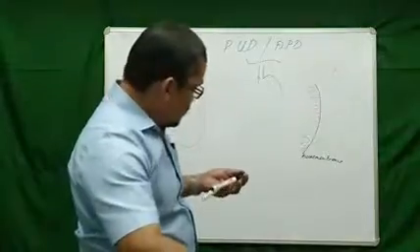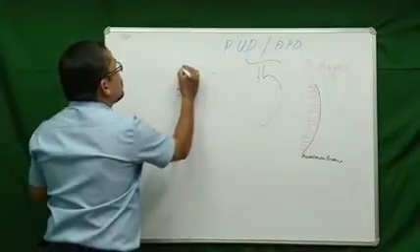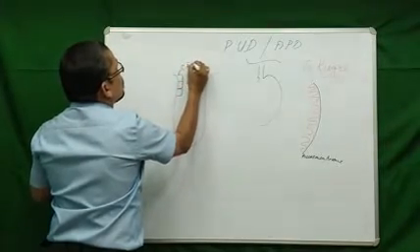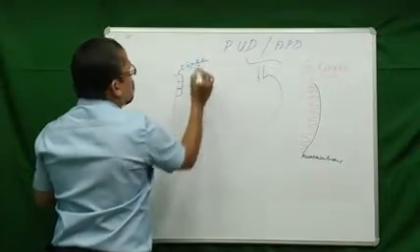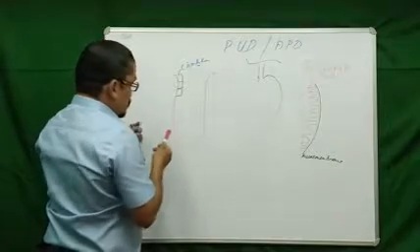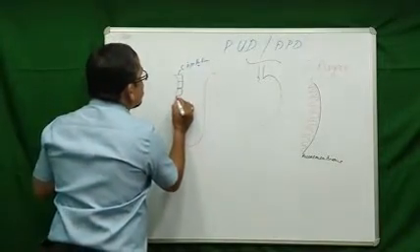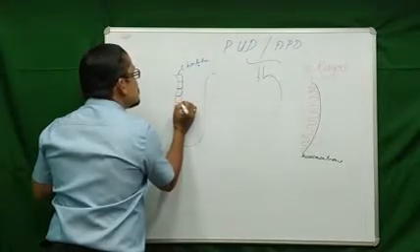It is columnar epithelium. In between the columnar epithelium, you can see some specialized cells.